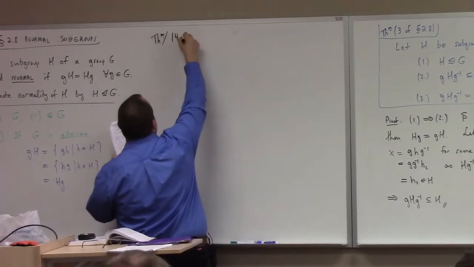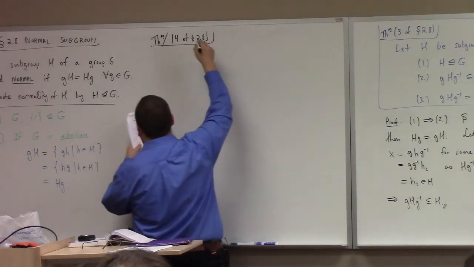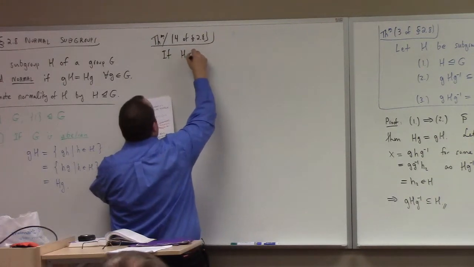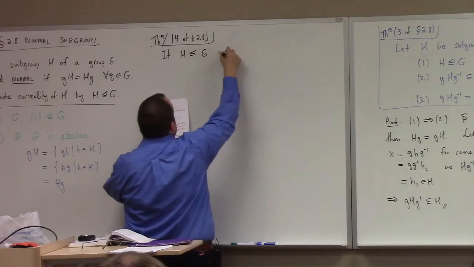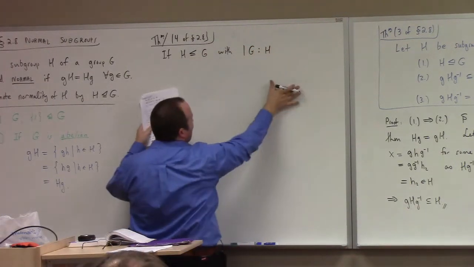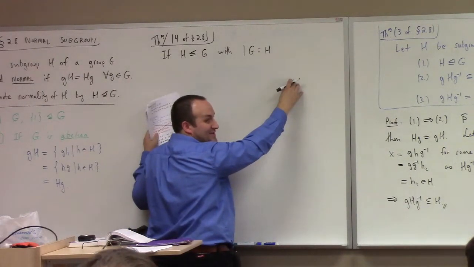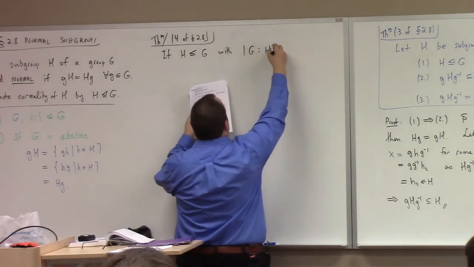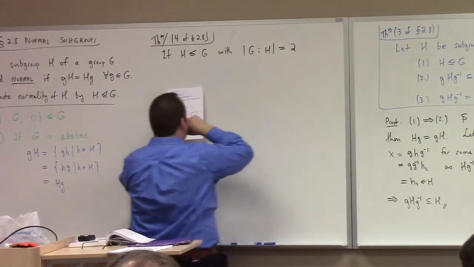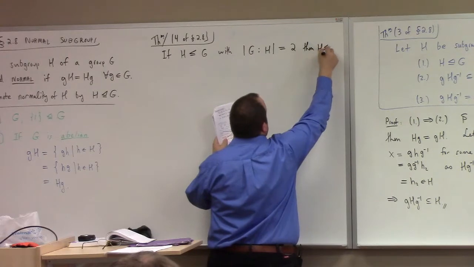Theorem 4 of section 2.8 simply says this: if H is a subgroup of G with index 2, then H is a normal subgroup of G. Earlier, the subgroup generated by sigma had index 2 because it's size 3 in a 6th order group, which means there's 2 cosets, and that's how I knew it was normal.